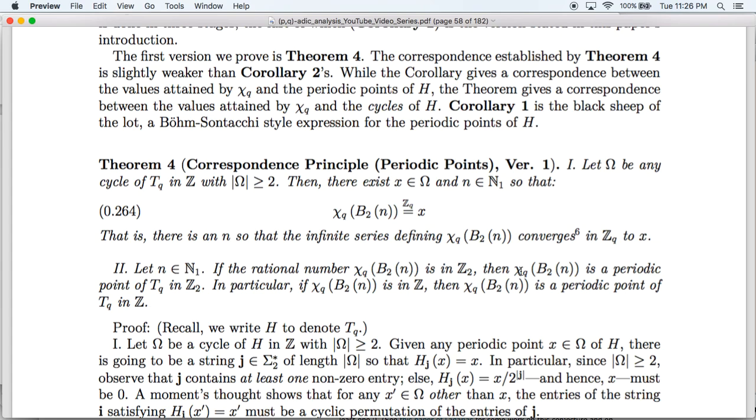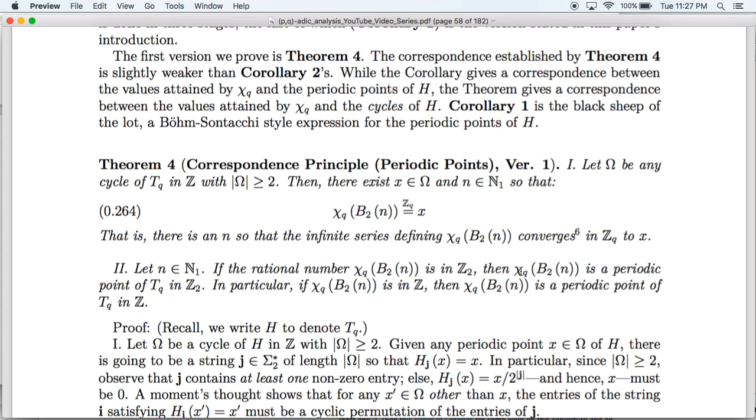What we saw in Episode 2 was a correspondence between the values attained by chi-q for 2-adic integer inputs and the periodic points of H. The theorem we're about to prove instead gives a correspondence between the values attained by chi-q over the 2-adic integers and the cycles of H. Corollary 1 is the black sheep of the lot, and it's going to be the Böhm-Sontacchi style expression for H's periodic points. So, here's the correspondence principle for periodic points, version 1.